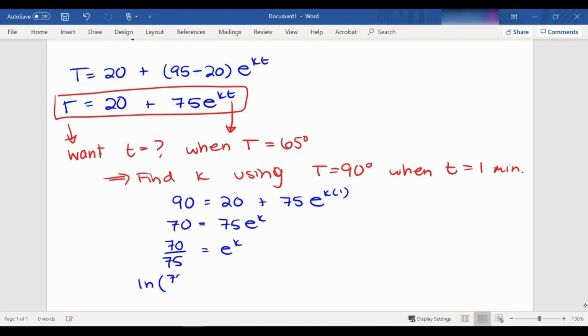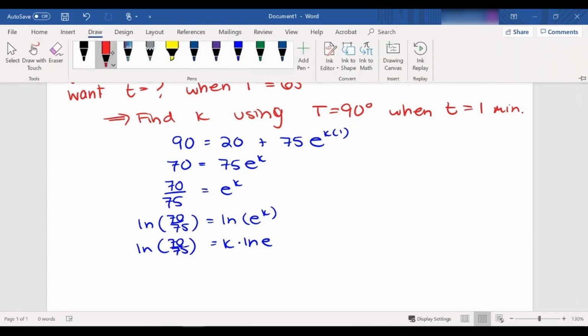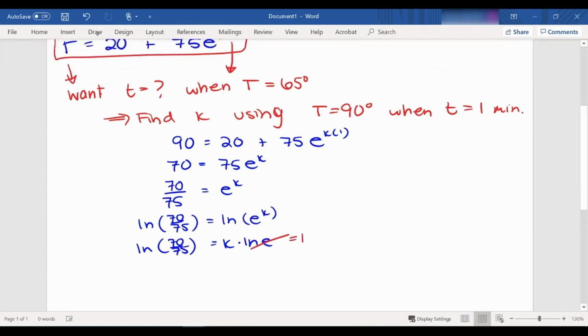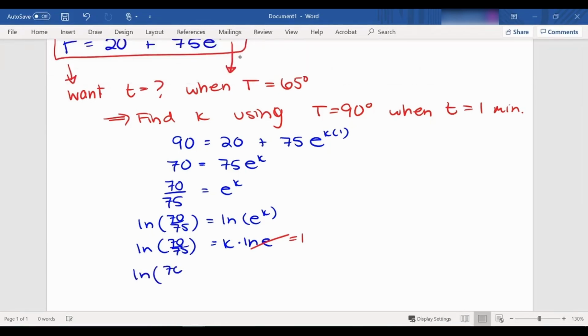Ln both sides. Bring the k down. Many of you would do that in one step. Ln e is 1. And then if I want to, I can rewrite this as negative 0.06899.